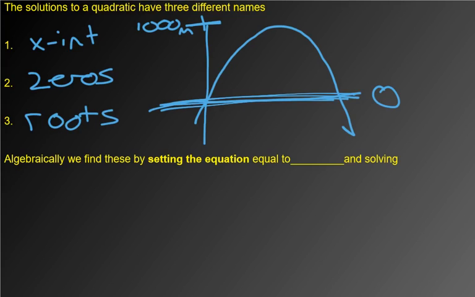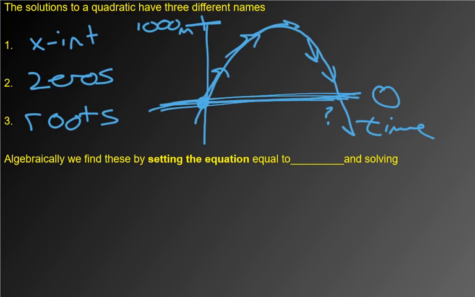And this could be time down here. It launches at time 0 and then it goes up and up and up and then comes down. And we want to know what time does it hit the ground again. So the x-intercepts were originally the most useful things to find because they had the most real world meaning. That's the idea.